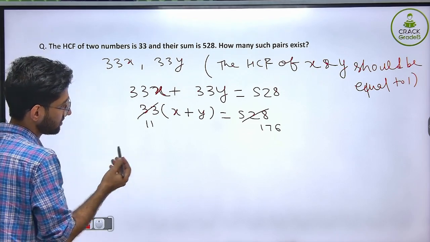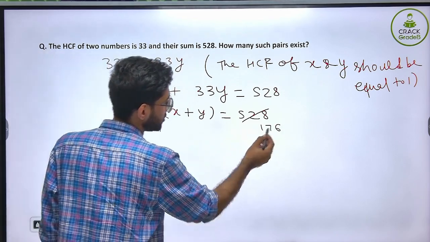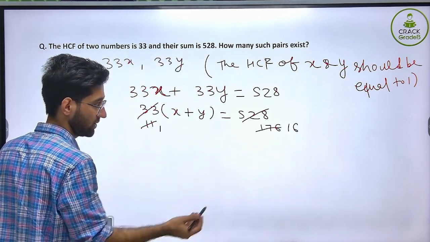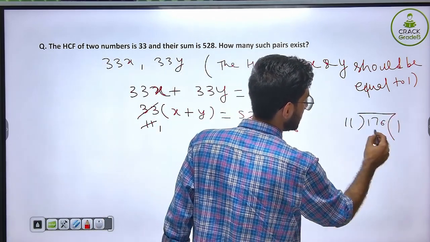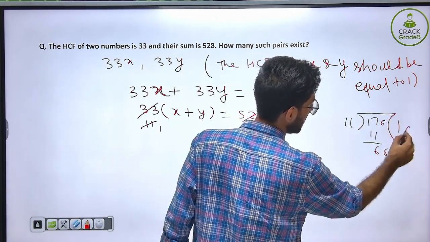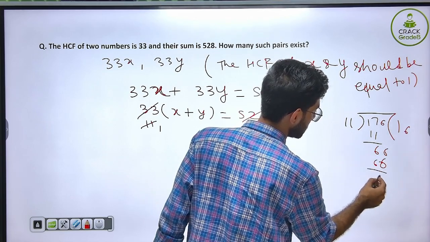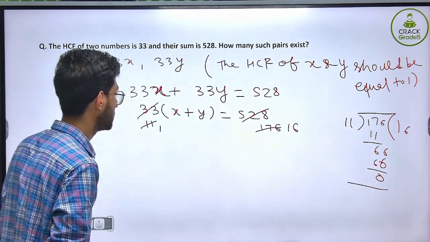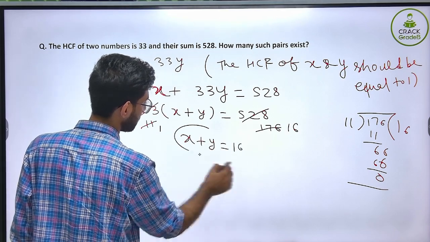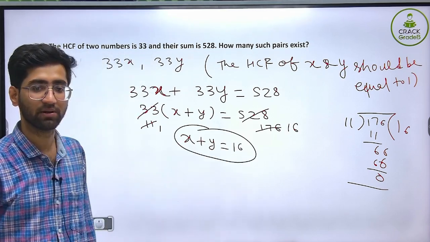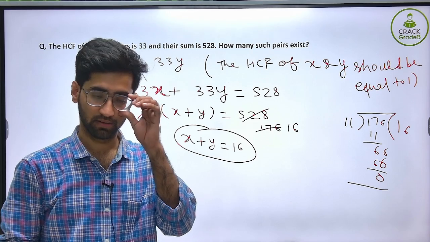And if you divide further, 11 into 16, you can check, 11 into 16 is 176. The remainder is 0, means you can write x plus y equal to 16. X plus y equal to 16, right?